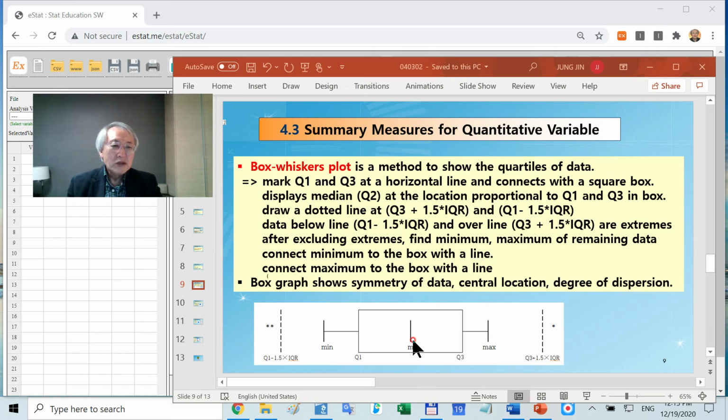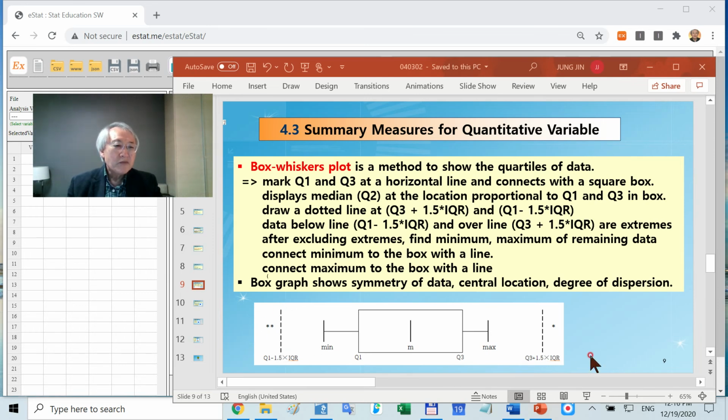Then draw a dotted line from Q3 plus 1.5 IQR. I mean, from here, you already calculated this distance, multiply by 1.5. Okay, find this location. Then mark it with a dotted line.